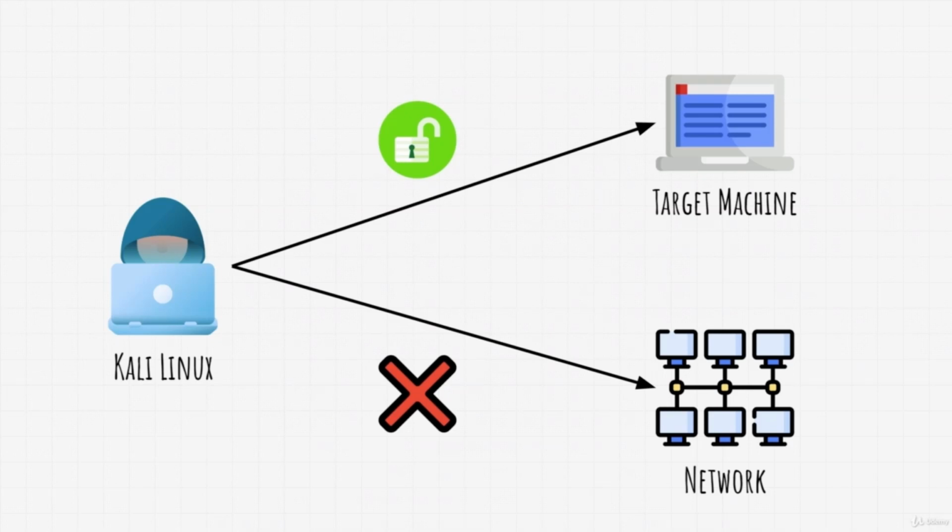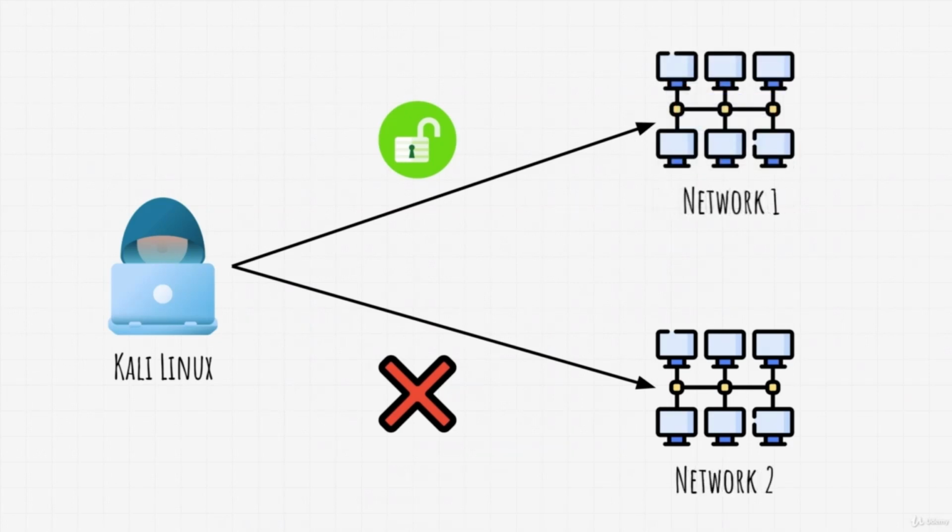Or it could be that our client has multiple networks and they only allowed us to test one of them. That means you should not go around and try to hack different machines on a different network. Now, these are only some of the examples, but what's important to get out of this is that always have permission to perform a penetration test. Trying to hack or hacking something that you are not allowed to hack could potentially get you into some serious trouble if you get caught.